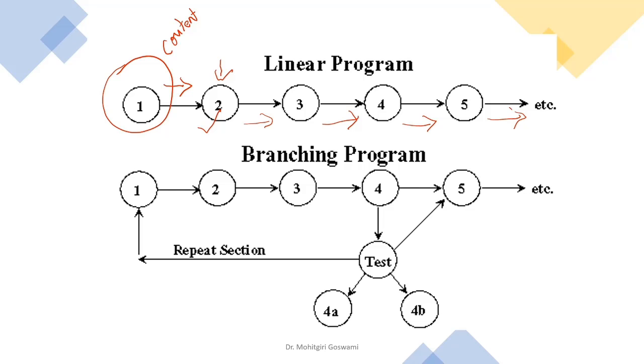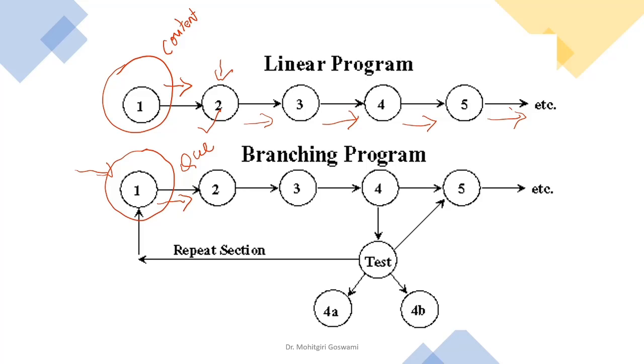While in branching program, the student is directed to the first frame. Here the content will be larger than the linear program. You will have some questions over there, just like linear program. If his answer is true, then he will be directed to the next frame, same as linear program.